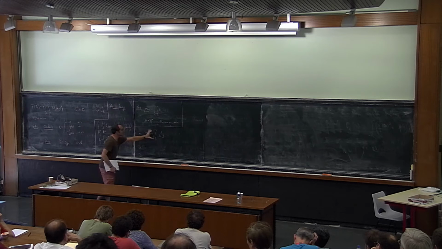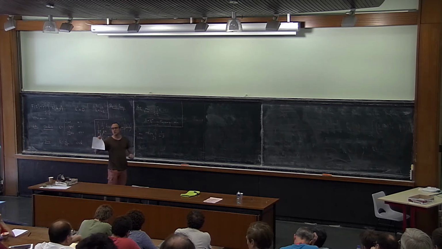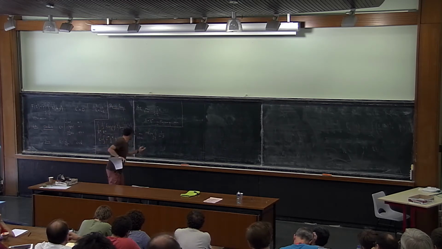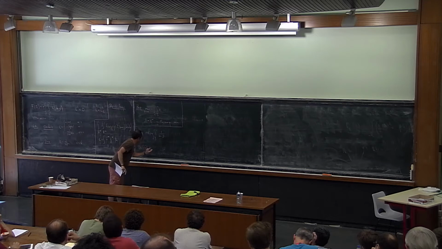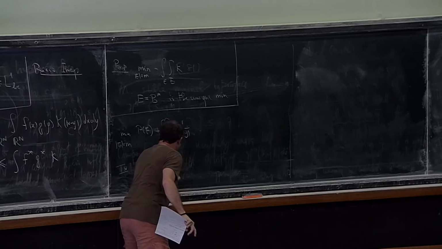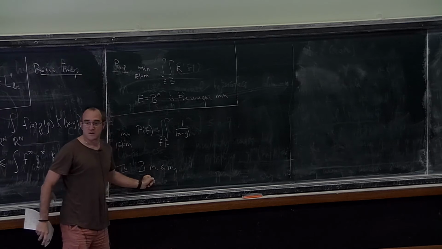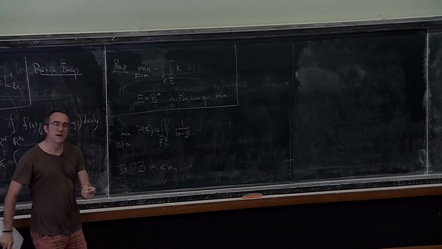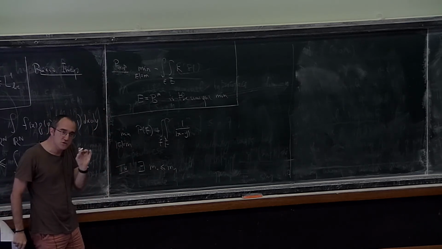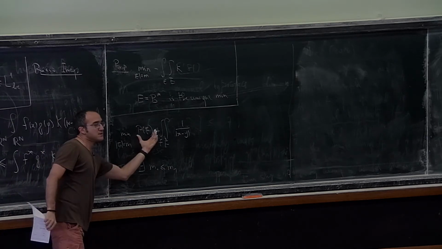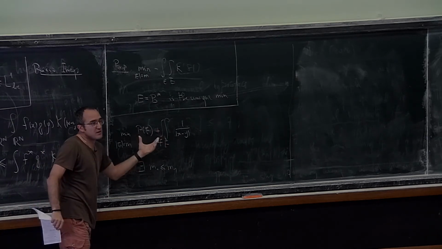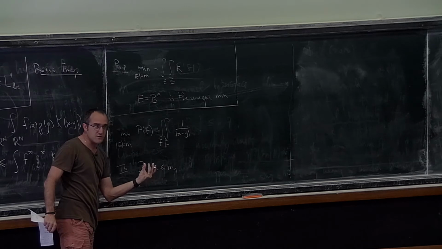The typical result one can expect here is that there exist two volumes, m0 less than or equal to m1. Below the small volume, the perimeter wins and you are exactly a ball. This is not so immediate, because the fact that it wins only means you approach a ball as the volume goes to 0.